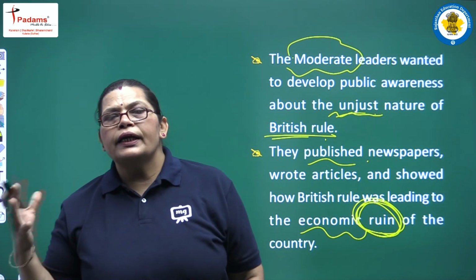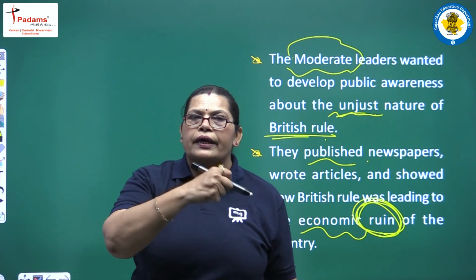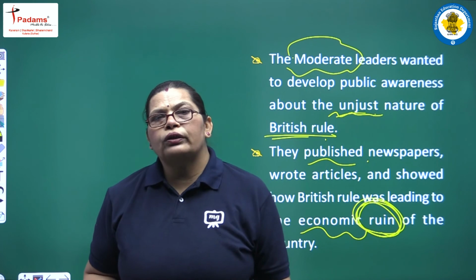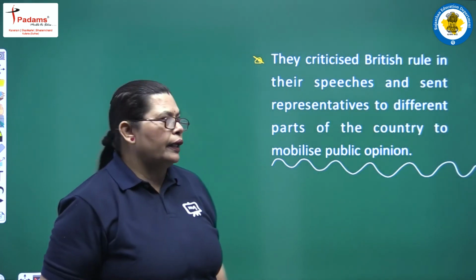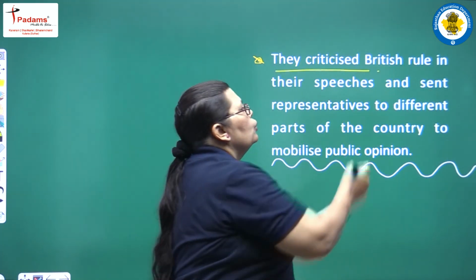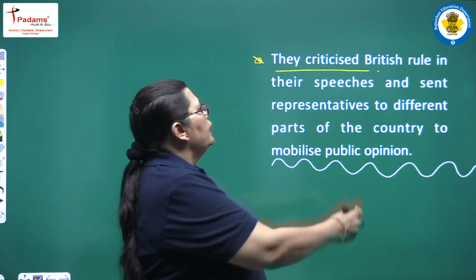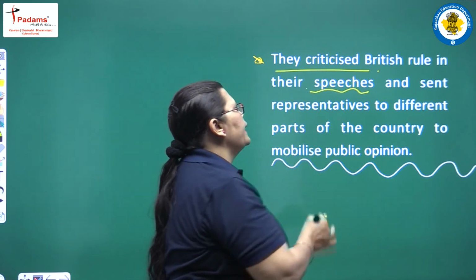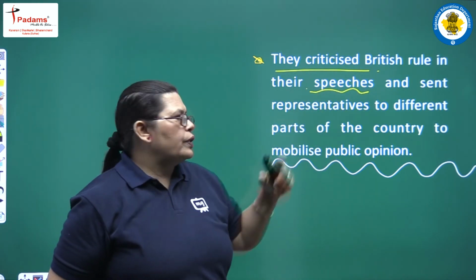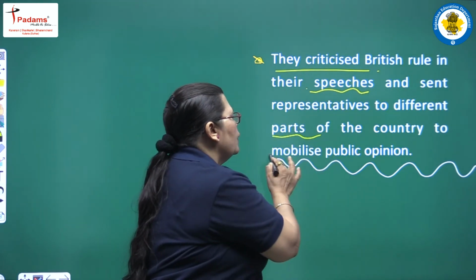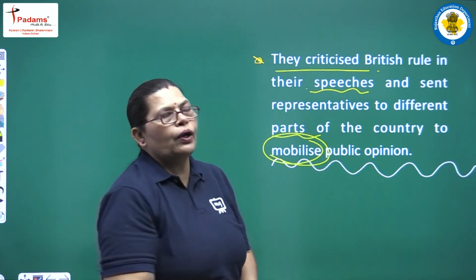We Indians were also falling very far behind economically. So these moderates criticized British rule in their speeches and sent representatives to different parts of the country to mobilize public opinion.